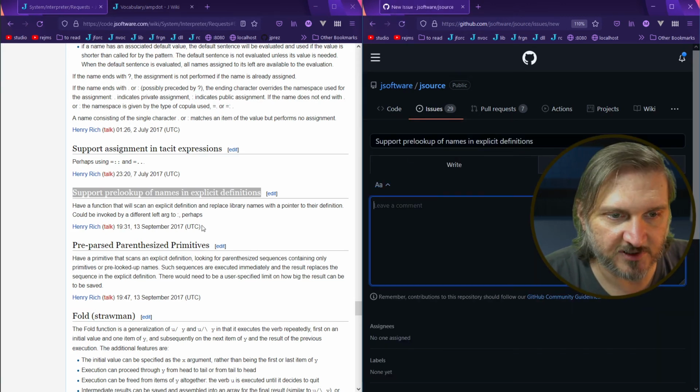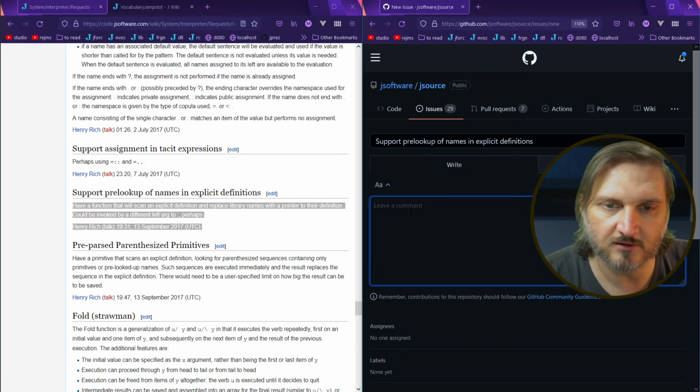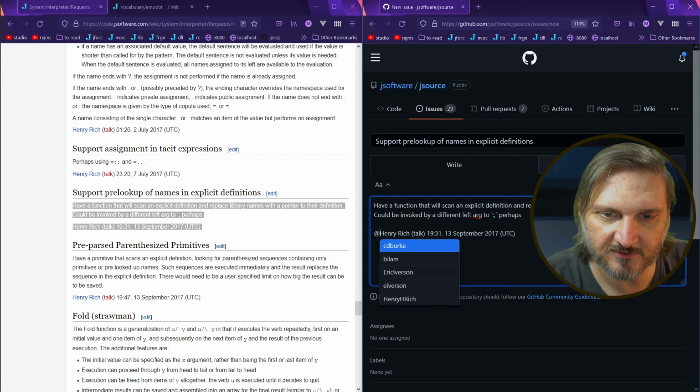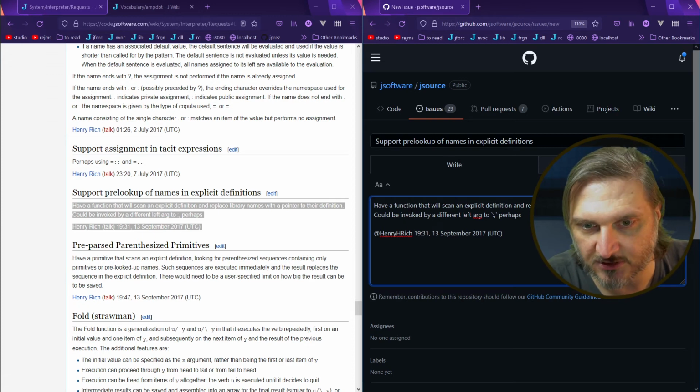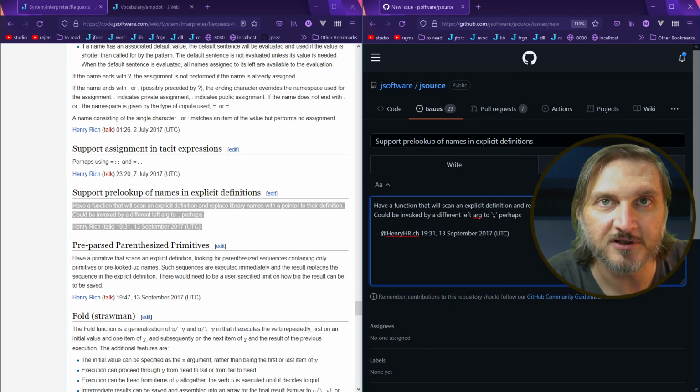I think that just would be an optimization for explicit definitions. Although you have to be very careful, because you don't want to lose the ability to have late binding, right?